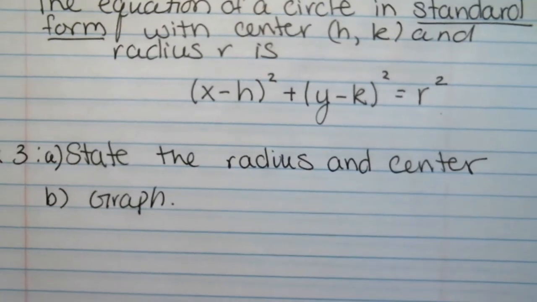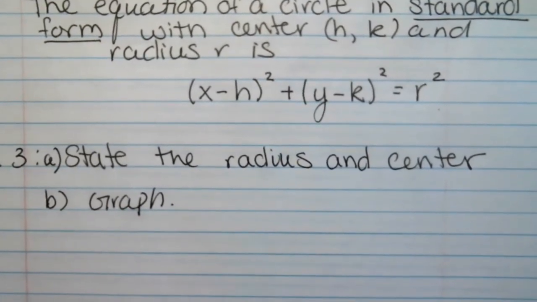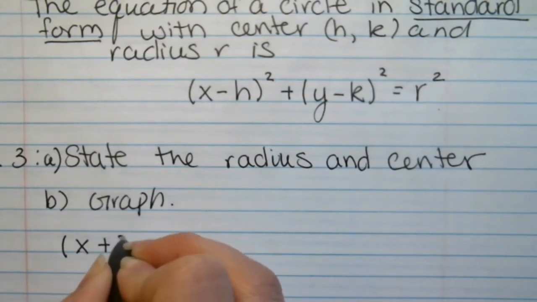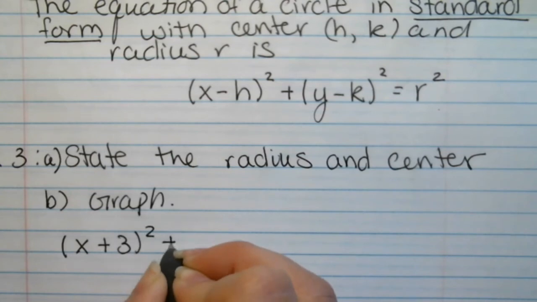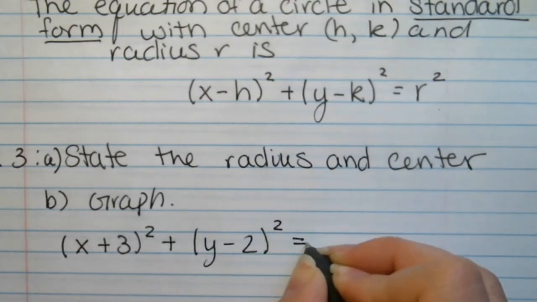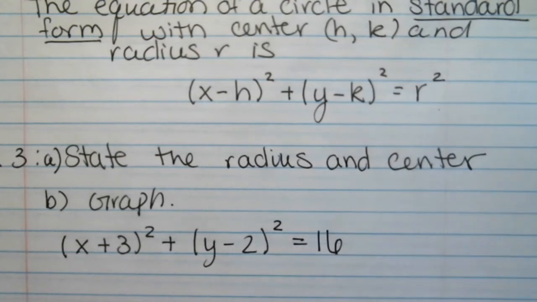We're going to state the radius and center of the circle, and then we're going to graph that circle. So the equation we're looking at is x plus 3 squared plus y minus 2 squared equals 16.